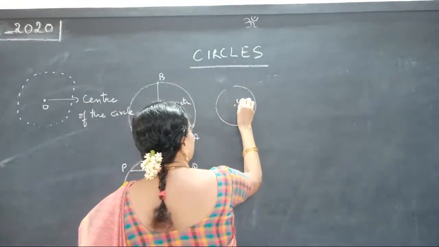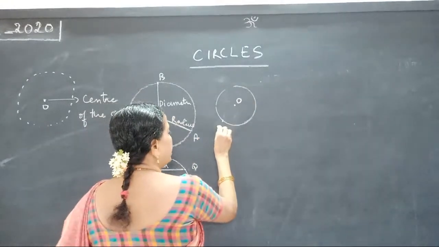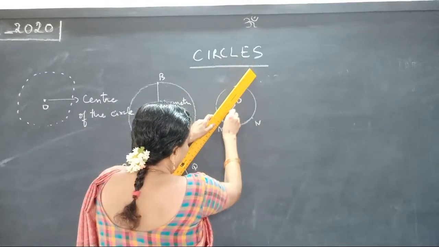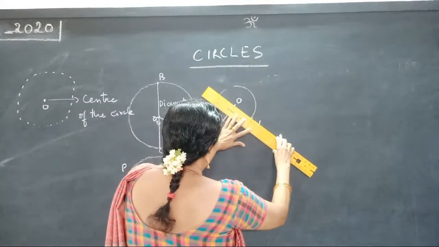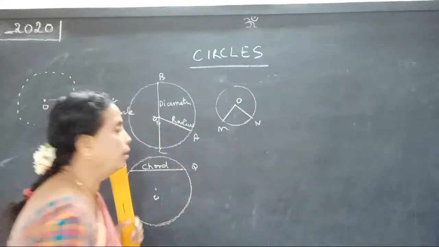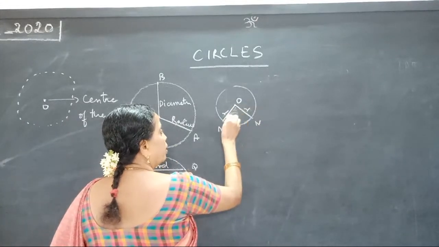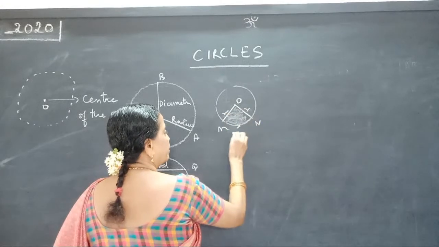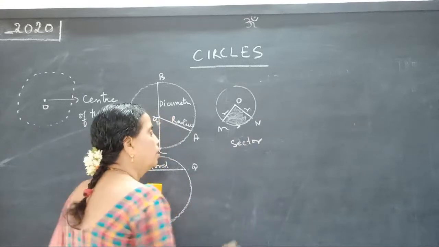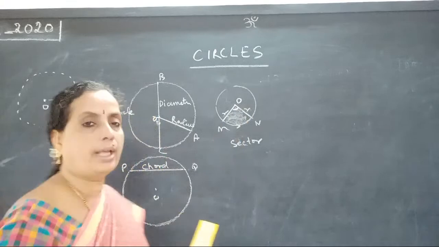This is a circle with center O. If I take any 2 points here, M and N, and join them like this, OM and ON, the region bounded between the arc and the radii of the circle, we call it a sector. This angle is the central angle MON.